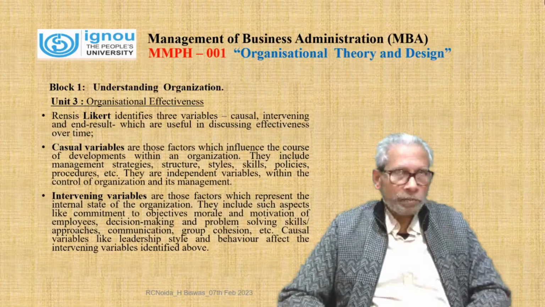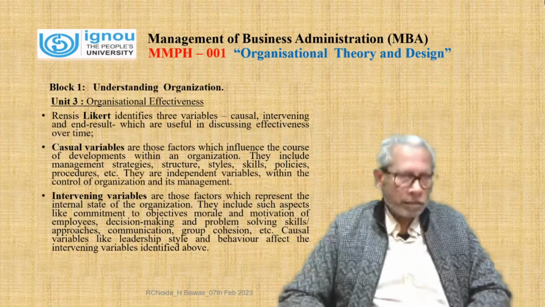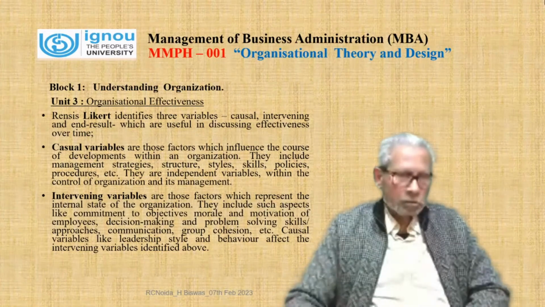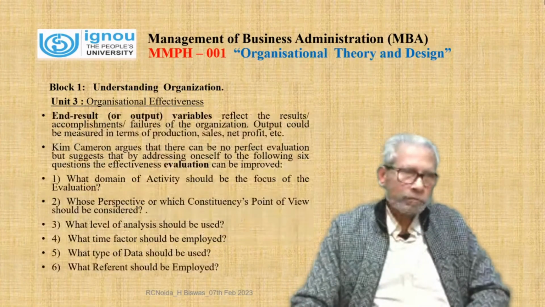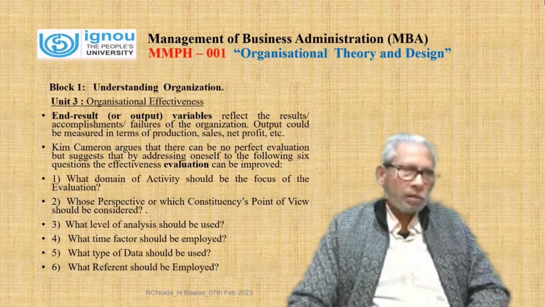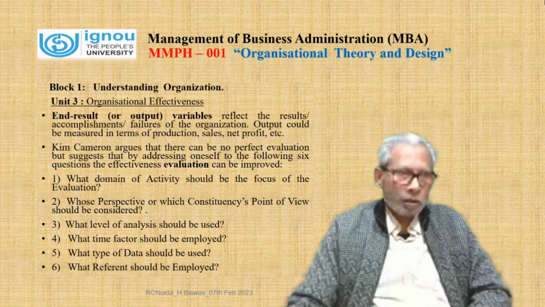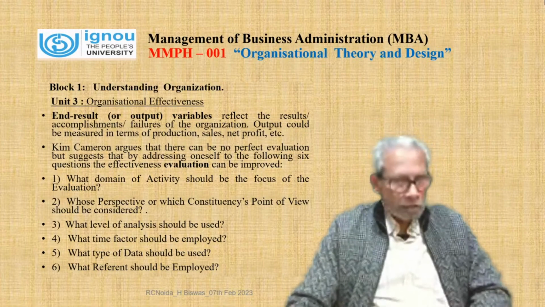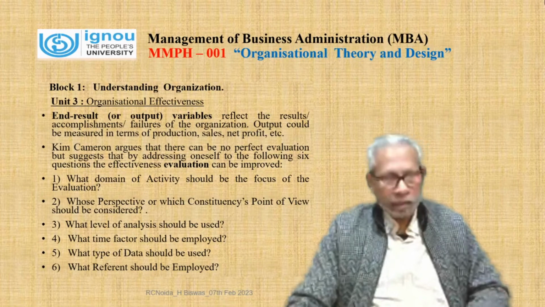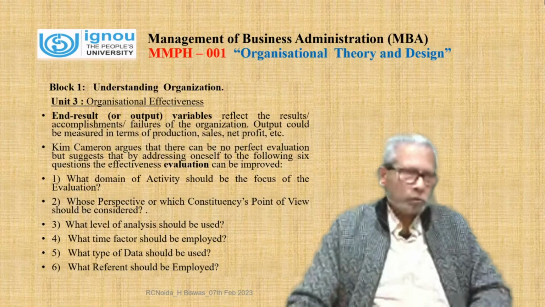Intervening variables are those factors which represent the internal state of the organization, for example leadership. Then end result variables reflect the results, and the organization's output can be measured in terms of production, sales, and net profit. So that is the end result, basically the output.